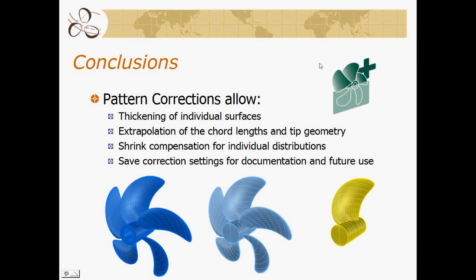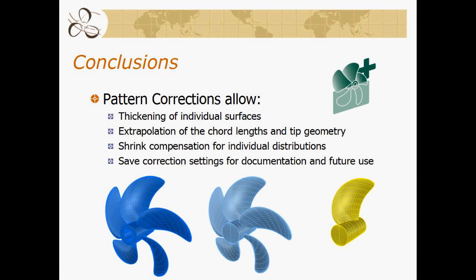So in conclusion, again, the pattern corrections utility allows for the thickening of individual surfaces. We can thicken the face, the back, the outline of the propeller, and the hub length and diameter. The pattern utility includes methods that allow us to extrapolate chord lengths and tip geometry, not just scale them.